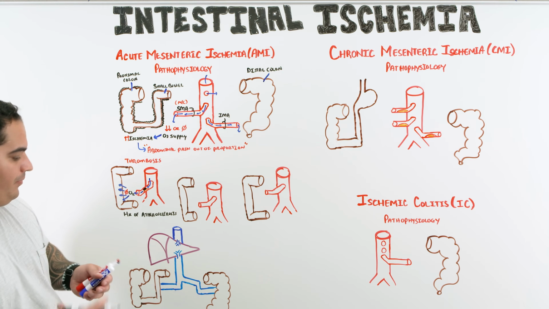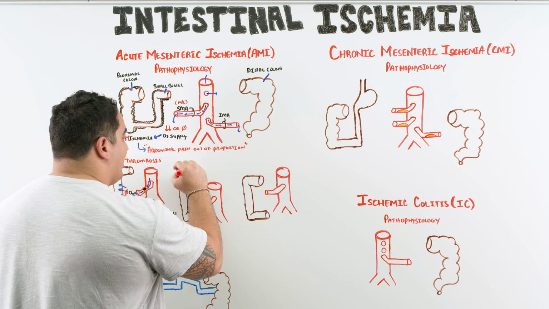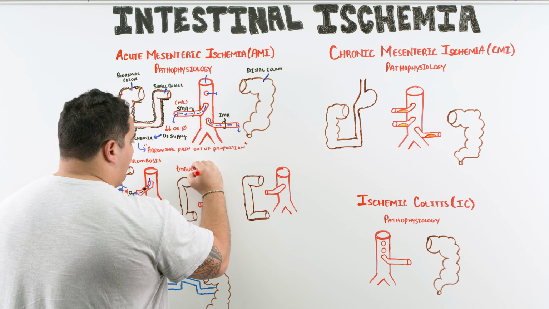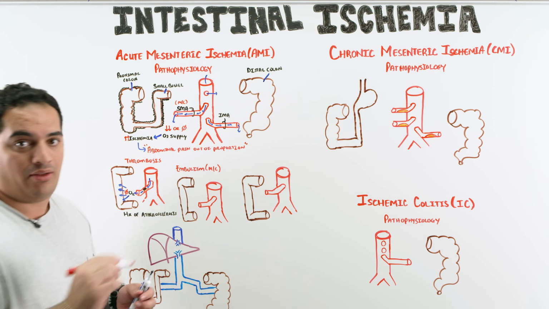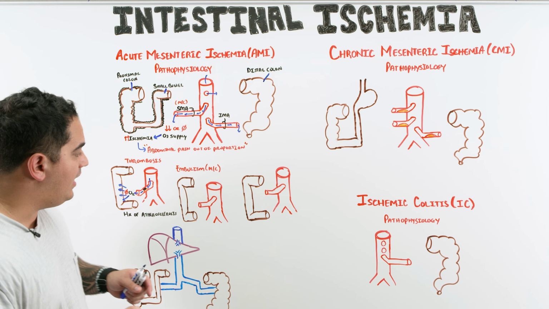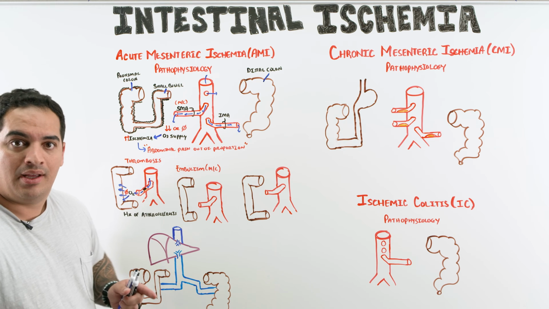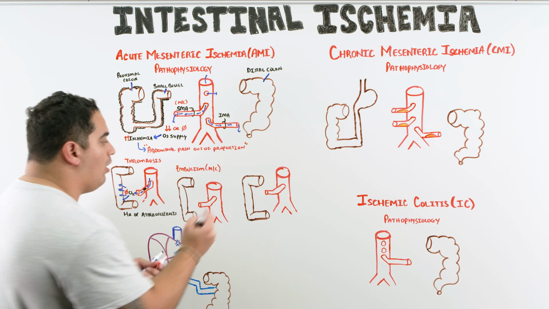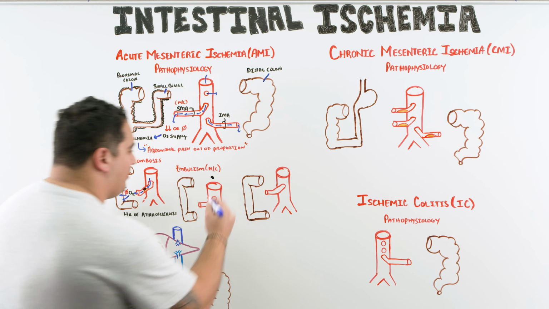definitely suggests it. Another thing that can clog up the SMA is embolism, and I'd say that this is going to be the one that I want you to remember, and they'll most likely hit you with it on the exam. This means that you don't thrombose or clot off a stenosis. In this scenario, you had a clot that came from somewhere else. You probably know where that's coming from, right?